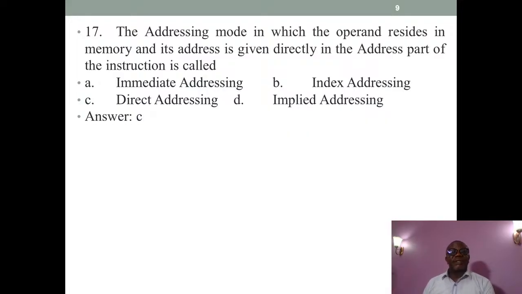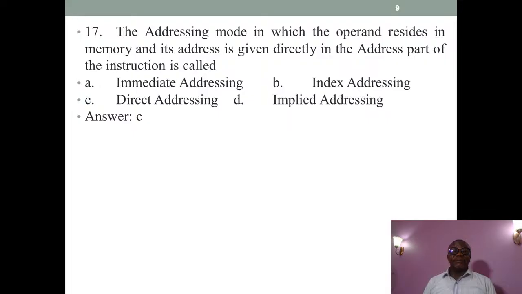So we say that our answer is direct addressing. I want you to go back to our lectures and understand all the addressing techniques. It is very necessary for you to make an impact in your machine language programming.